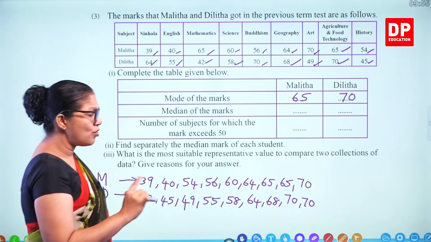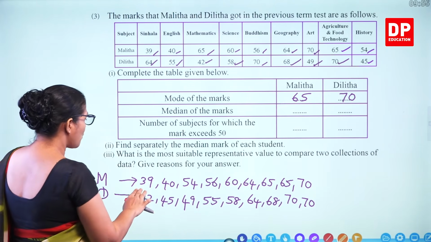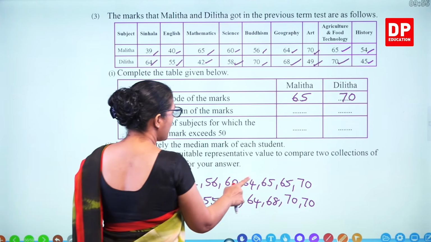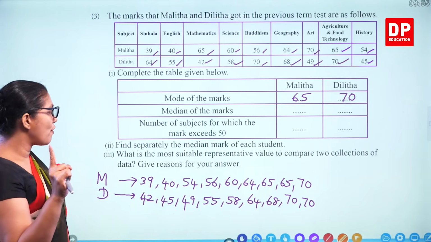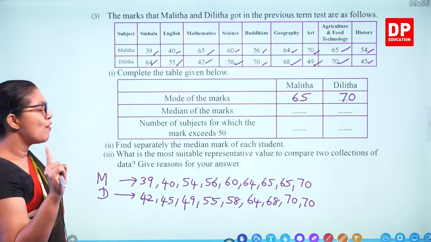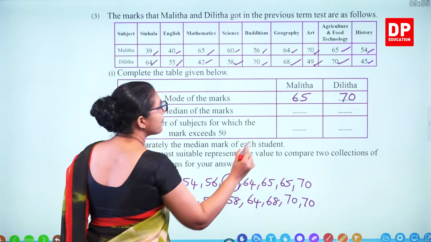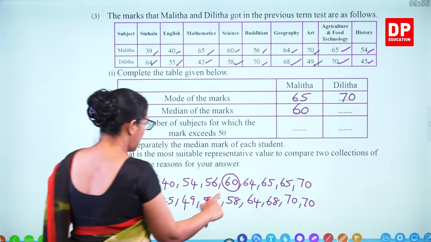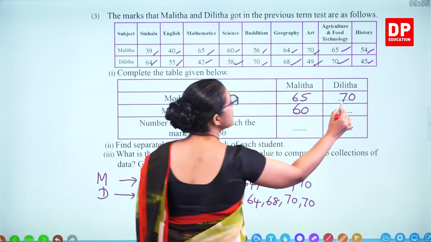Now it's easy to write down the value. So median mark. When you take 1, 2, 3, 4, 5, 6, 7, 8, 9, the number of data is 9. 9 plus 1, 10, 10 divided by 2, 5. Fifth one: 1, 2, 3, 4, 5, 60. And here 1, 2, 3, 4, 5, 58.